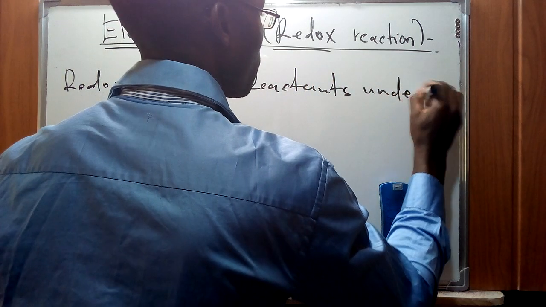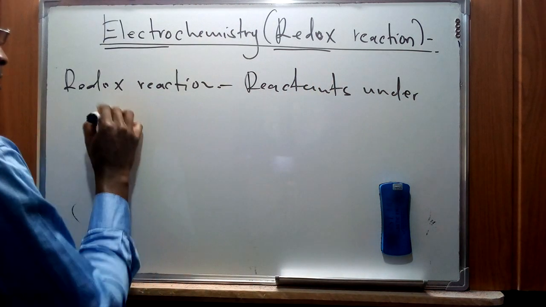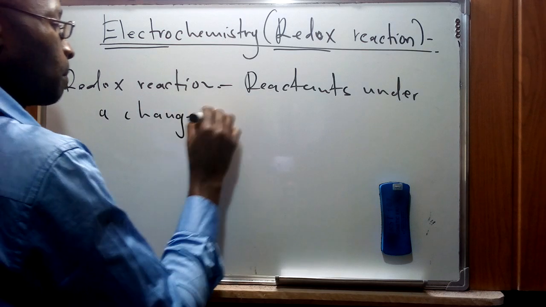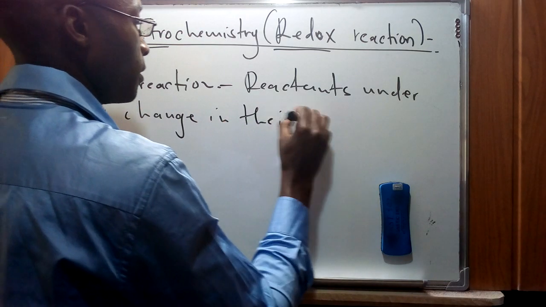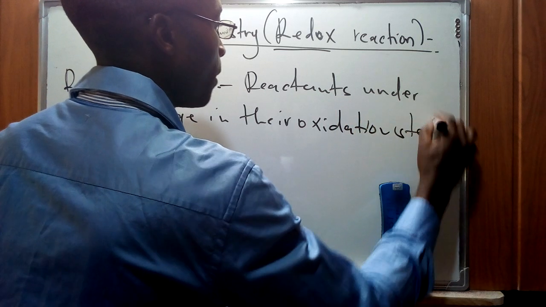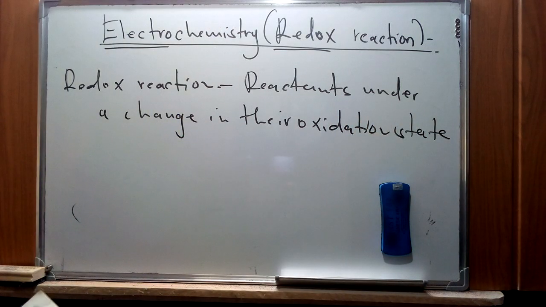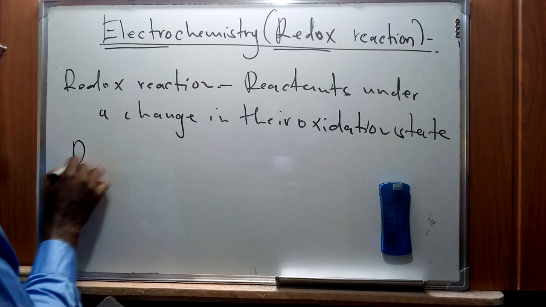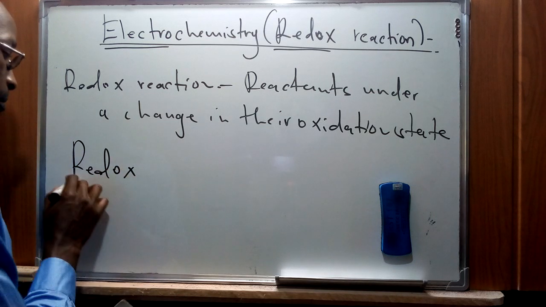It's a chemical reaction in which reactants undergo a change in their oxidation states. Similarly, it can be defined as a reaction in which oxidation and reduction take place simultaneously. Now, this is just an acronym for the name.